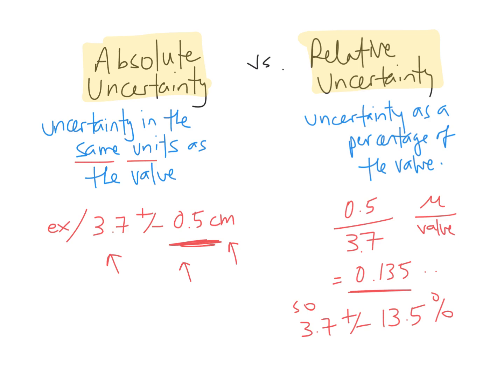So if you do it here, you put 0.5 over 3.7, that equals 0.135, and a whole bunch of figures. Don't worry too much about the significant figures, but ultimately, if you were expressing it as relative, you would say the relative uncertainty here is 13.5% uncertainty. So that means actually, even though 0.5 centimeters doesn't seem like that much uncertainty, compared to the value you were measuring, 3.7, it's pretty large, 13.5% uncertainty.